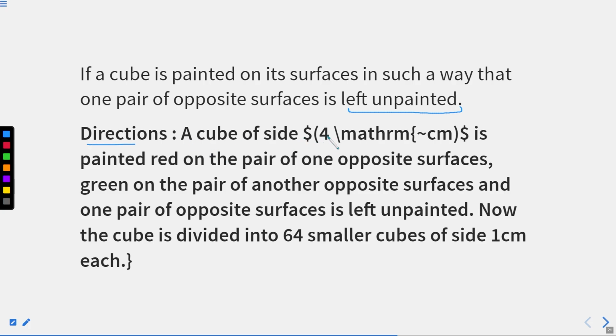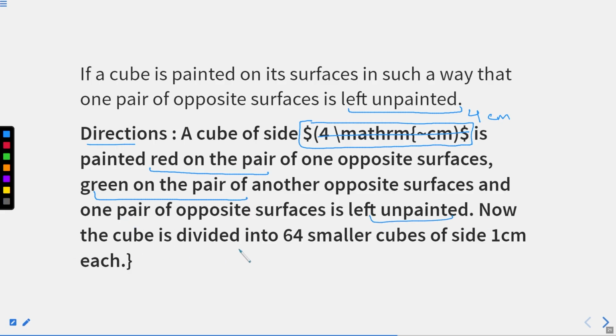A cube with side of 4 cm. This is the side of the bigger cube. It is painted with red on one pair of opposite surfaces. So on one opposite surface it is red, on the other opposite surface it is green, right? And one pair is unpainted.